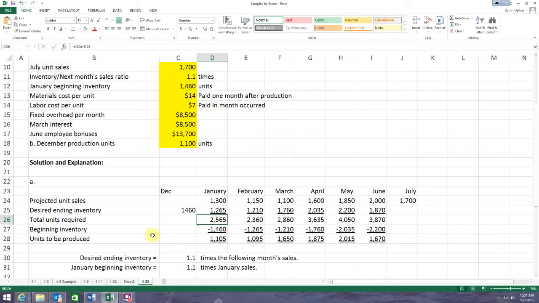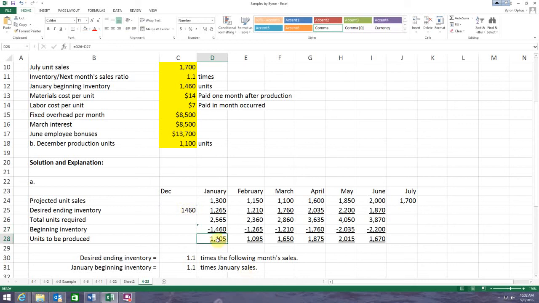Then I subtract out of that my beginning inventory, because I'm trying to calculate how many I need to make. If I started with that many, and my total that I need for the month is this many, I subtract out what I had at the beginning of the month. I can just put a minus, and then I can reference this number up here.